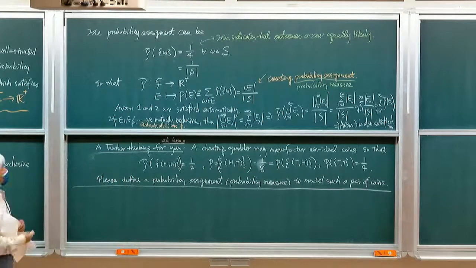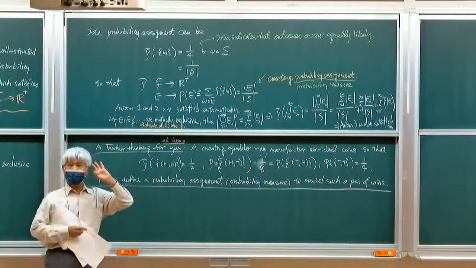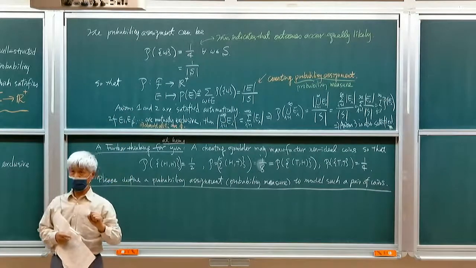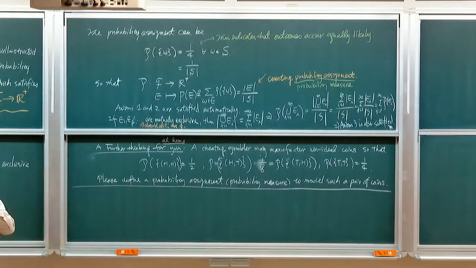So now you can see equally likely outcomes is one possible measurement model for a physical random experiment. You may have different measurement models if you know some prior information, so it depends on the material used in the physical random experiment. For this example, you manufacture non-ideal coins.